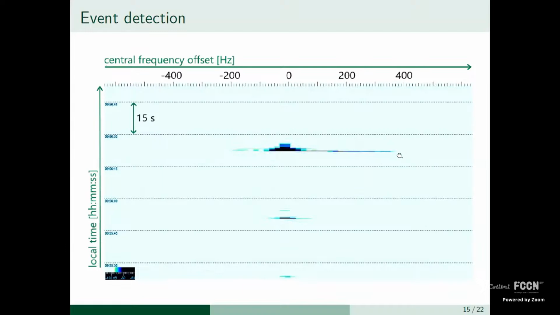Here, the meteor is approaching the observer, then it passes the 0 Doppler shift, which means the distance to the reflecting point and to the transmitter is smallest. And then it's going far away from the observer again.